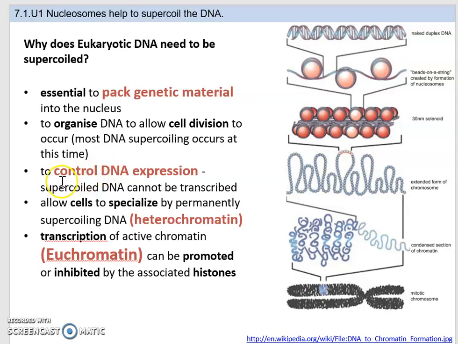And that brings us on to this idea here. This will make much more sense when we look at the later work on transcription and translation. But if you want a gene to be expressed, you need this tight coiling to be slightly looser. So you've got a difference between heterochromatin and euchromatin. So what we've got here is this idea that euchromatin is tightly packed, and if it's tightly packed, then it's not allowing transcription, translation, and protein synthesis.